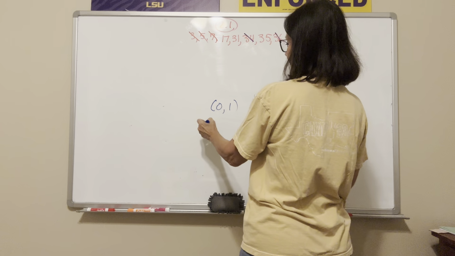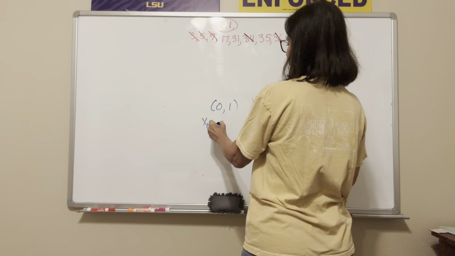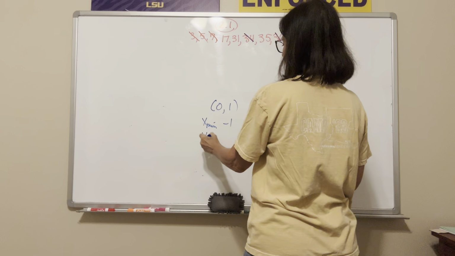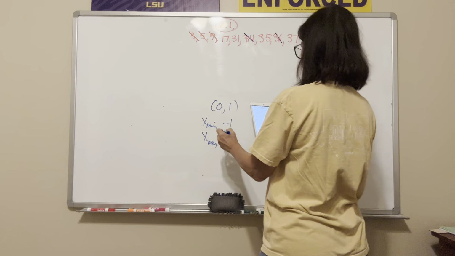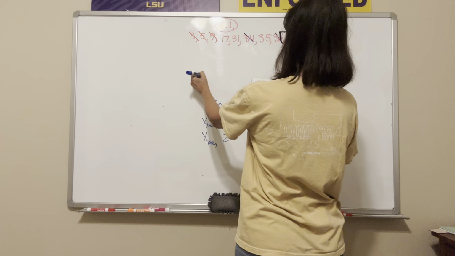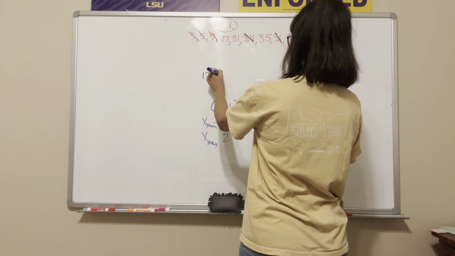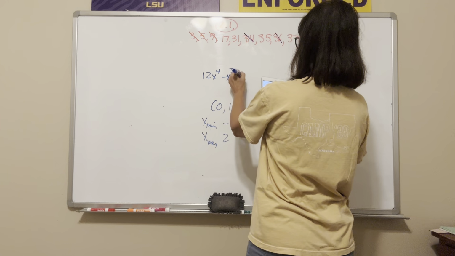So 37 is the same, and we want it on the range 0 to 1. So I'm going to leave my x min at -1, my x max at 2, and I'm going to put the equation in y1.